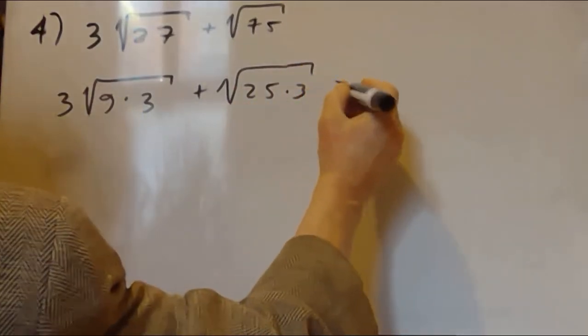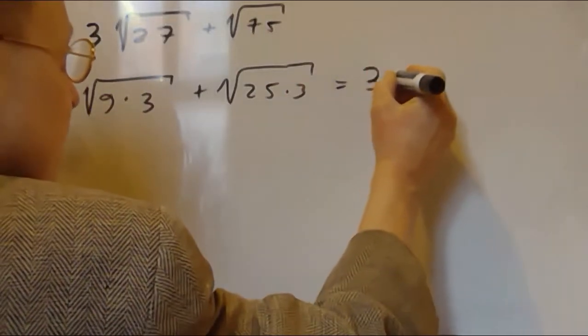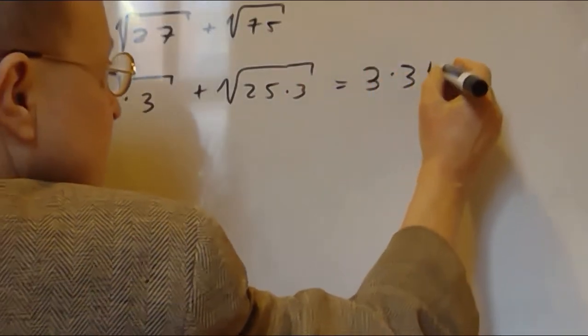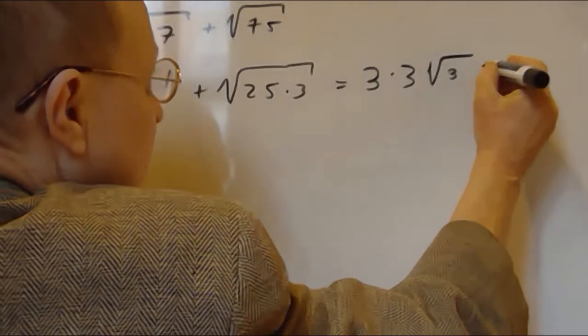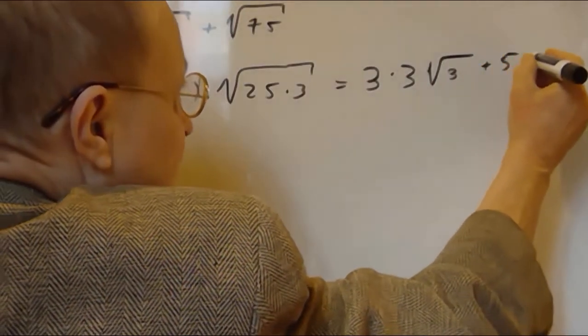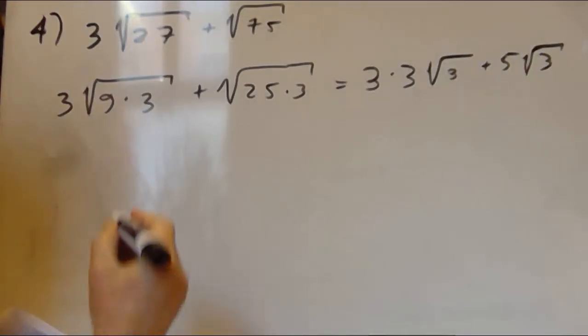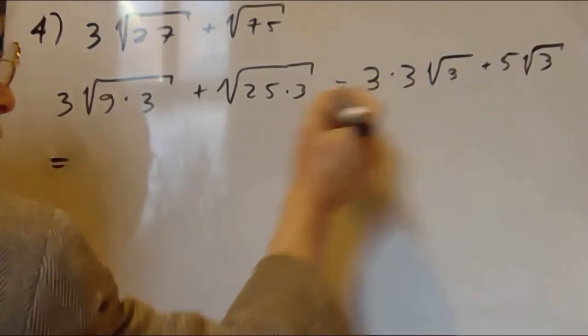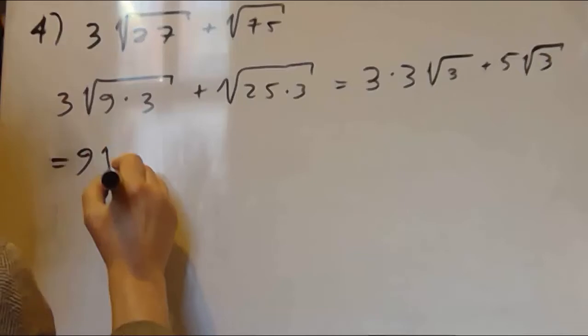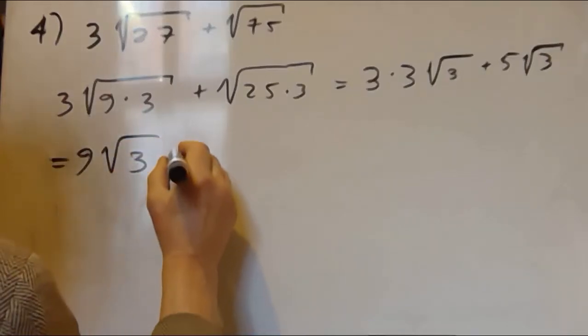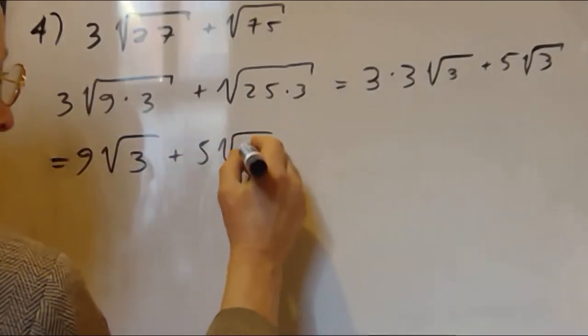So that will give me 3 times 3, square root of 3, plus 5 square root of 3. And that will give me 3 times 3 is 9, square root of 3, plus 5 square root of 3.